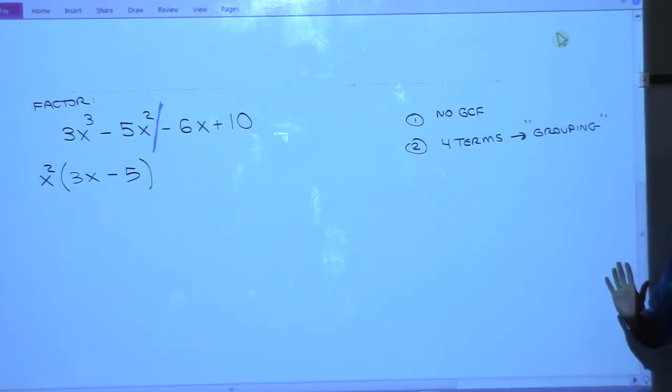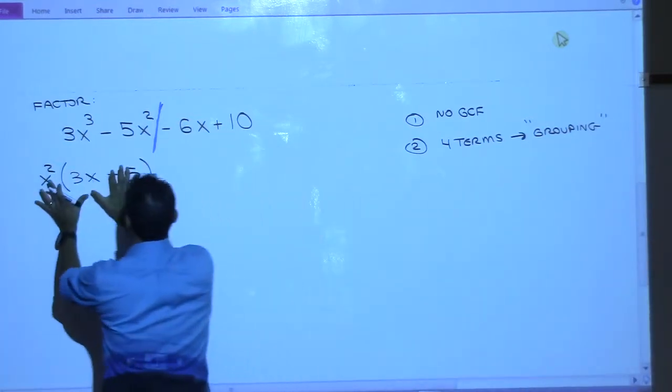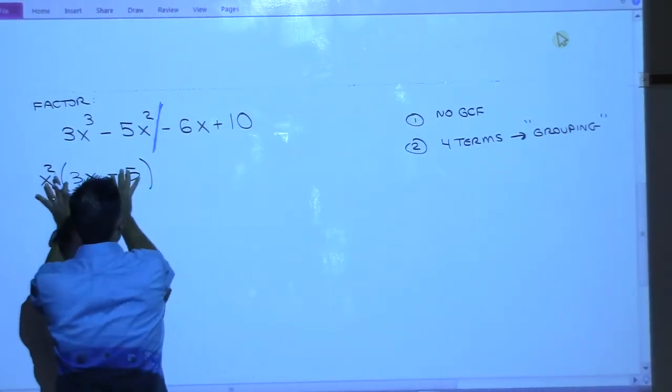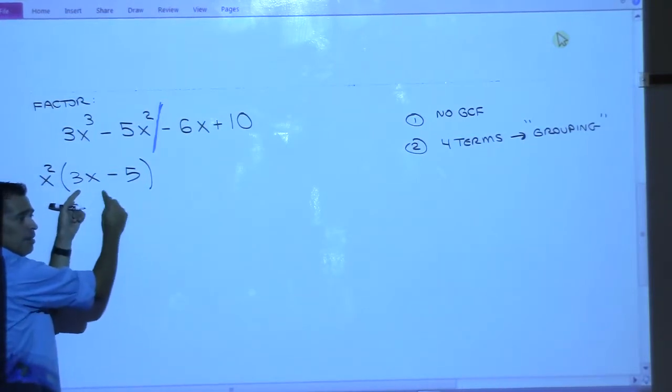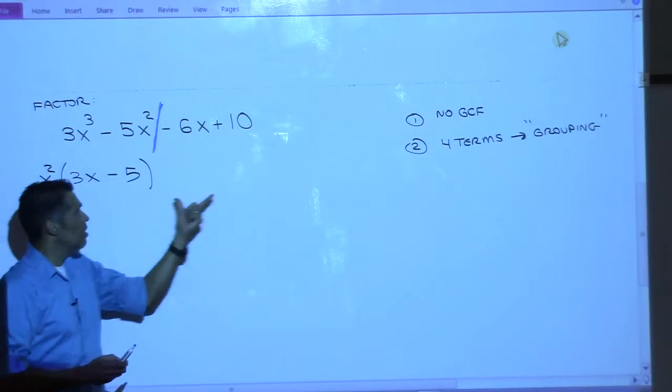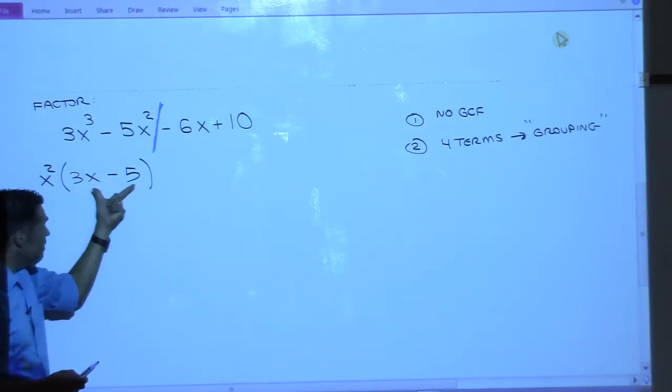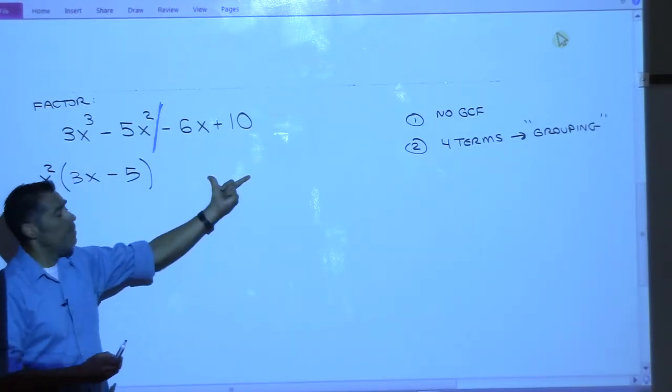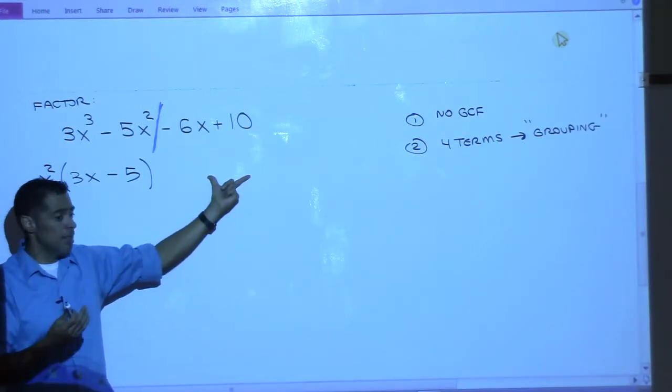However, the goal of grouping is to do this on both pieces, and whatever's in parentheses here, we have to have the same thing over here for this to work. So I need what's in parentheses on this side to be 3x minus 5. It has to be if this is going to work.